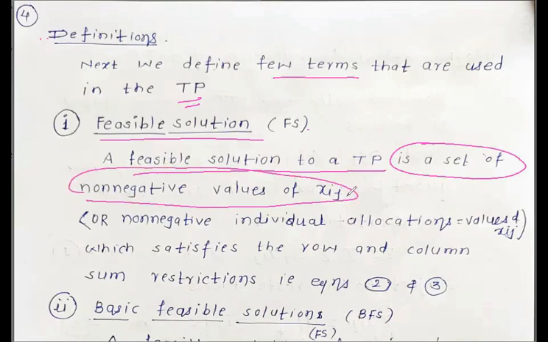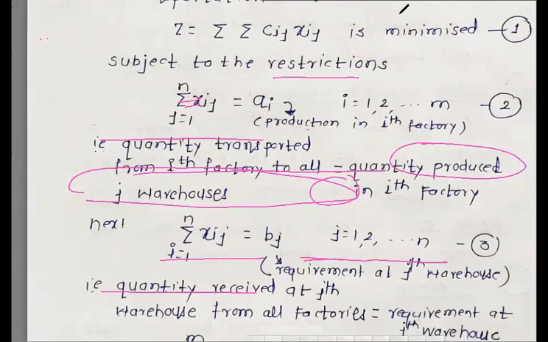Quantity of goods transported from the ith factory to the jth warehouse. So a feasible solution is a set of non-negative values of xij which satisfies the row and column sum restrictions, that is equations 2 and 3. What is equation 2?